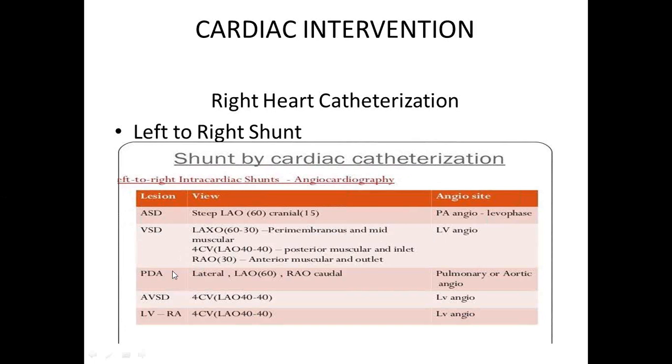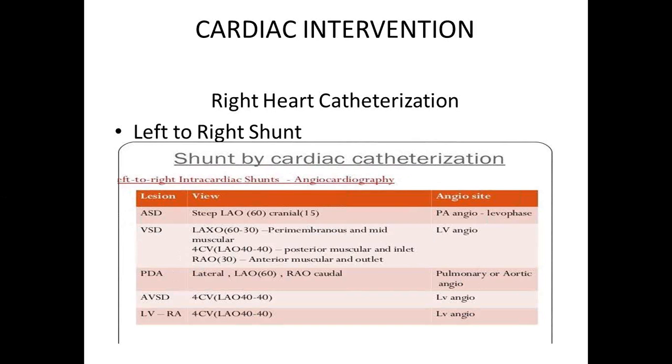For a PDA now, that is your communication between your aorta and your pulmonary trunk. The catheter is going to be in your pulmonary artery or the aorta, okay? Because you have a communication between these two vessels. So the catheter is in the pulmonary trunk.